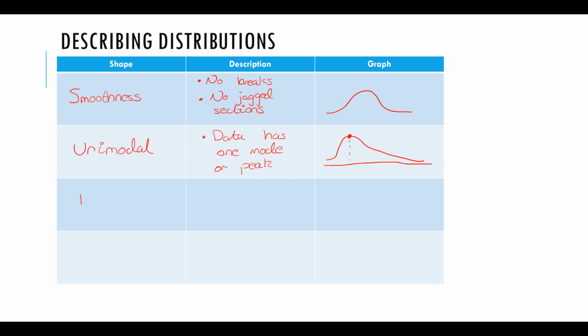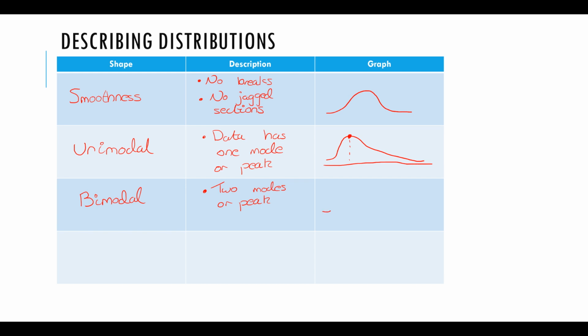The second thing from that then, if we go up, is that it's bimodal. So bicycle has got two wheels, so a bimodal shape has got two modes or peaks. Now, like I said, slight small change in the definition compared to the mode of a set of data, in that the two modes, the two peaks, do not have to get to the same height on the distribution.